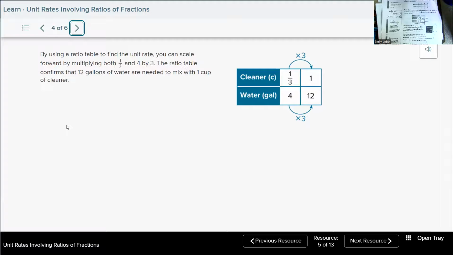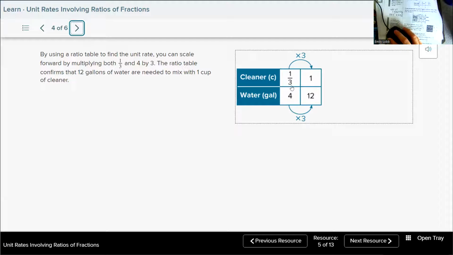So the ratio table confirms that 12 gallons of water are needed to mix with 1 cup of cleaner. So what we knew was that we wanted to get to 1. So what do we multiply by 1/3 to get to 1? We had to multiply it by 3, because 3 divided by 3 equals 1, right?